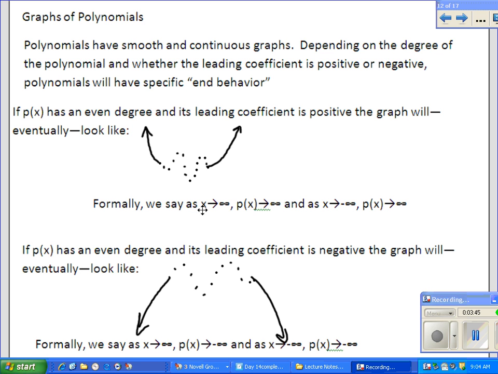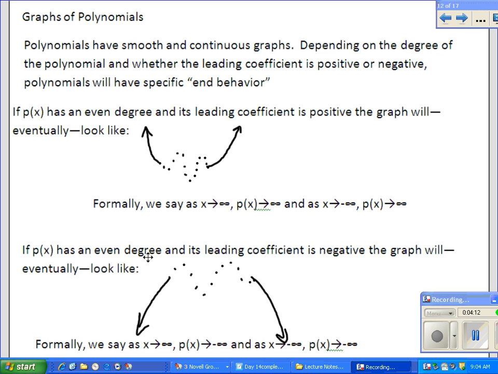Formally, we say as x approaches infinity, so as x goes off to the right, p of x, the values of y, also approach positive infinity. So it goes shooting up here to the right. And as x approaches negative infinity, as the values of x go off here to the left, p of x, which is just a fancy name for y, approaches positive infinity, so the function increases up here to the left.